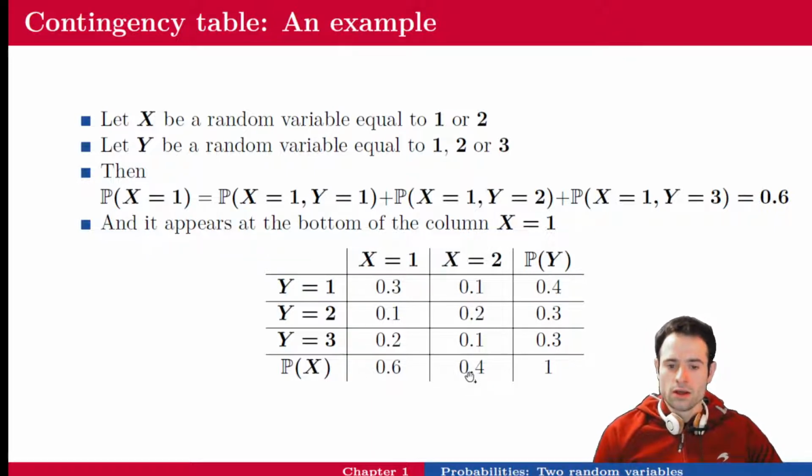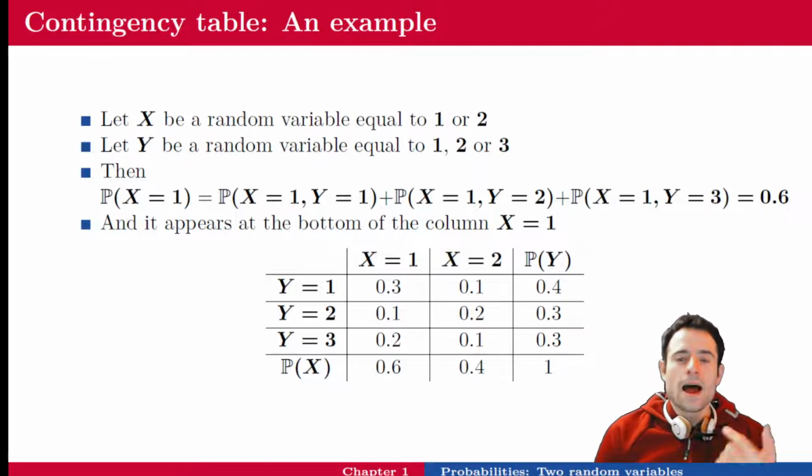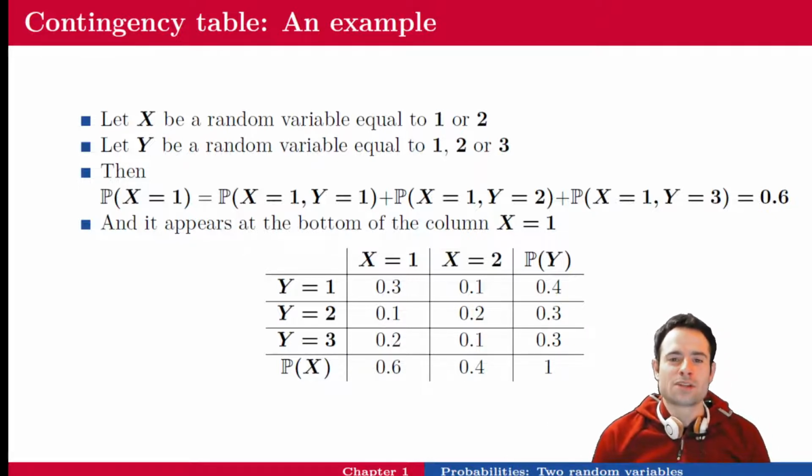Note again that this 0.6 and this 0.4, when you add them up, they sum up to 1 or 100%. If they don't, either you made a mistake or I made a mistake in the numbers I used in the table. It's one or the other.